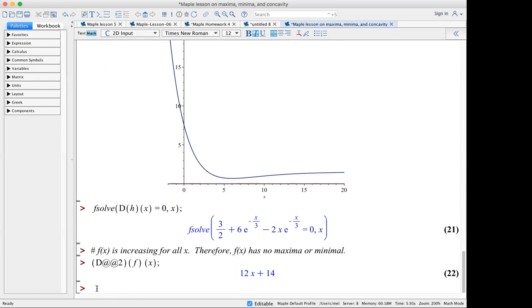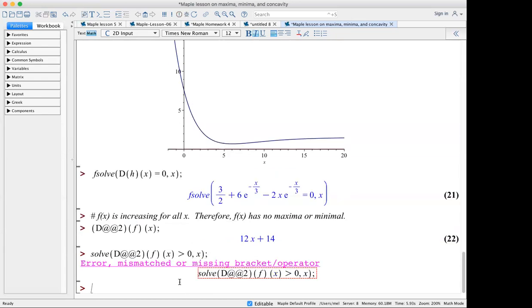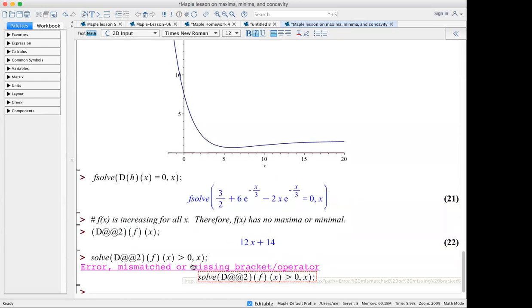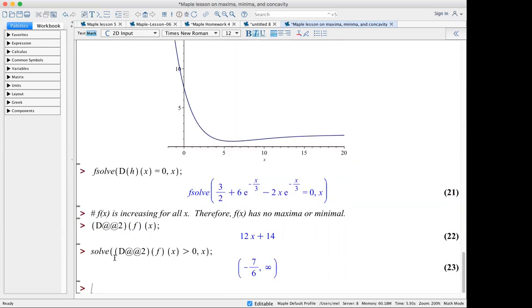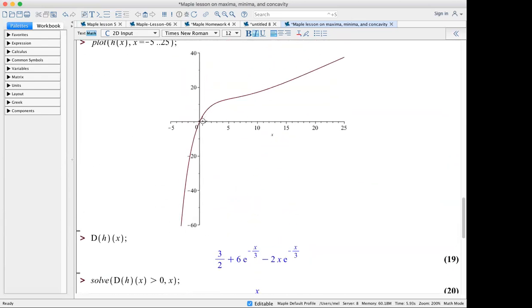So if we want to know where this function is greater than 0, we get an interval to infinity.